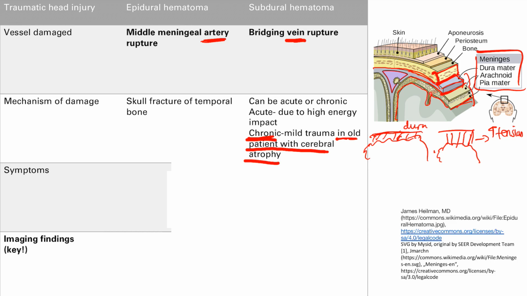They're doing good, they're normal, and then they deteriorate, get worse and worse, and lose consciousness again. The reason for that is you have this high pressure vessel pumping out a lot of blood into the epidural area, causing a lot of pressure. All this pressure is going to press on the brain cells and cause them to deteriorate. They're going to lose consciousness. That's the lucid interval.